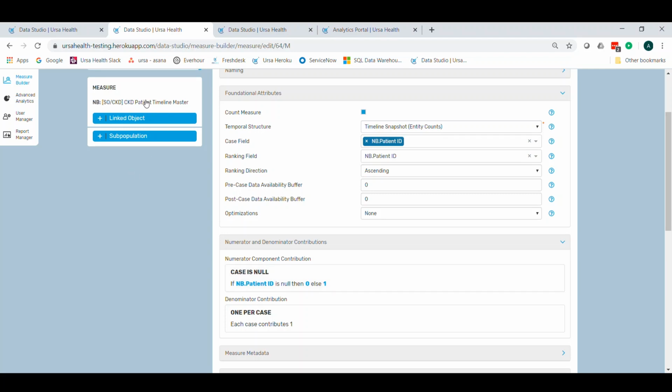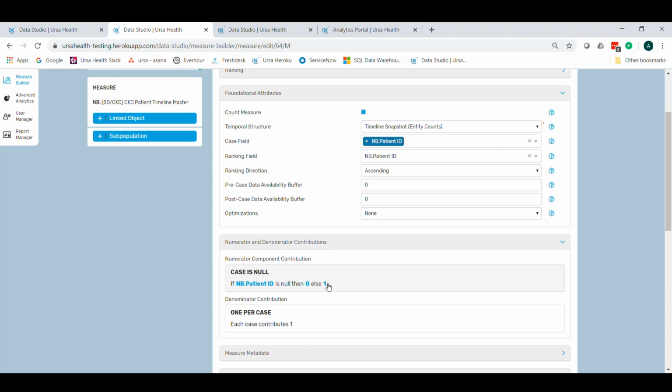I guess that whole bit about the denominator is also interesting, but the numerator is where we're counting up the patients that meet that inclusion criteria as of the snapshot date, and we see our friend case is null here, which is the easiest way to capture this rule. If you don't find any patients that meet the standard, well, you've got a null patient ID, and therefore you're contributing 0.